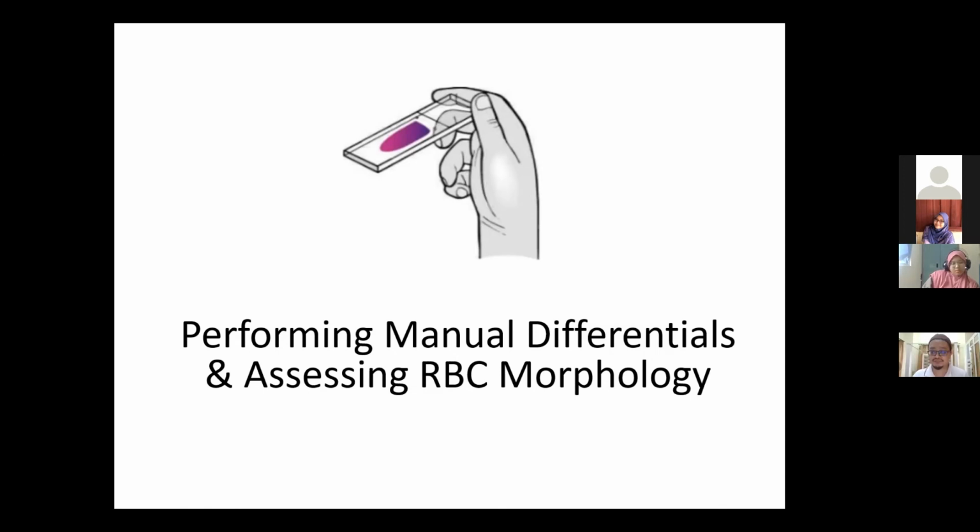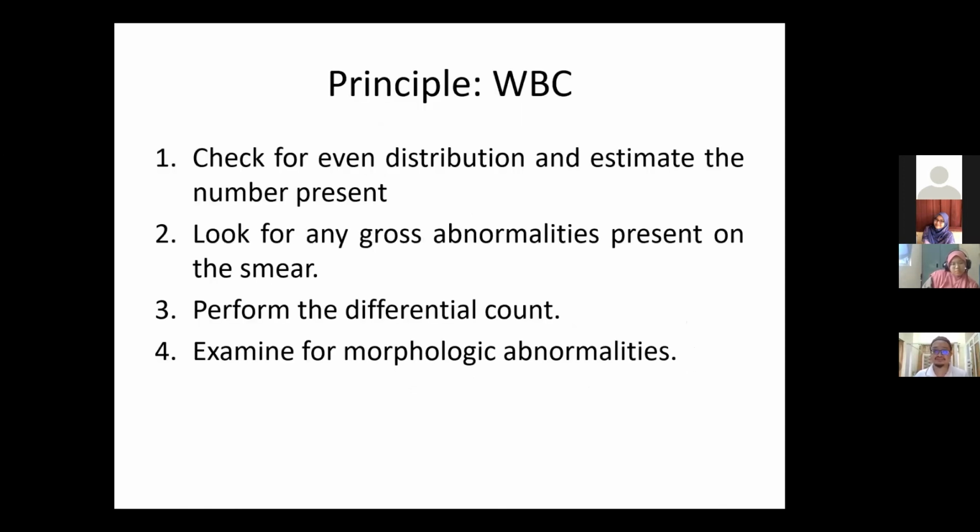Let us look first at the WBC. These are the principles. First, we need to check for the distribution, and then estimate the number present. Later there is a calculator, an enumerator, where you press once you see a cell, until we get a count.